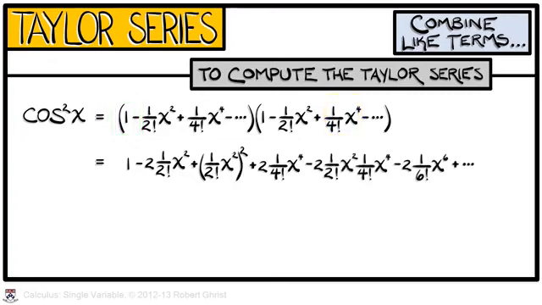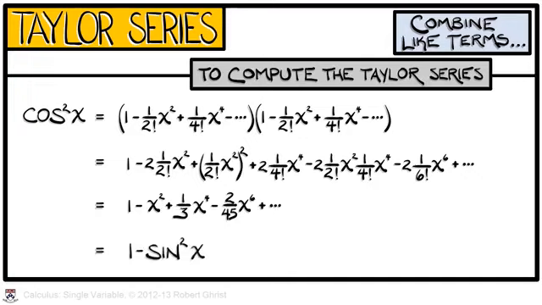One could continue multiplying, although the multiplications would become a bit tedious. And now one must simplify these terms. With a little bit of work, it's easy to get the low order terms and to get 1 minus x squared plus x to the 4th over 3 minus x to the 6th times 2/45, etc. If you want more terms, you're going to have to do a bit more work.